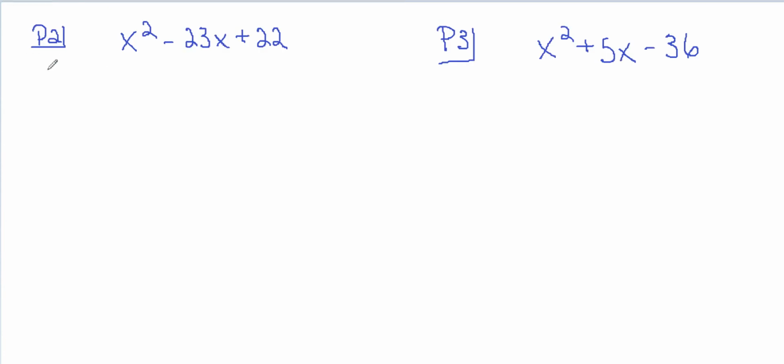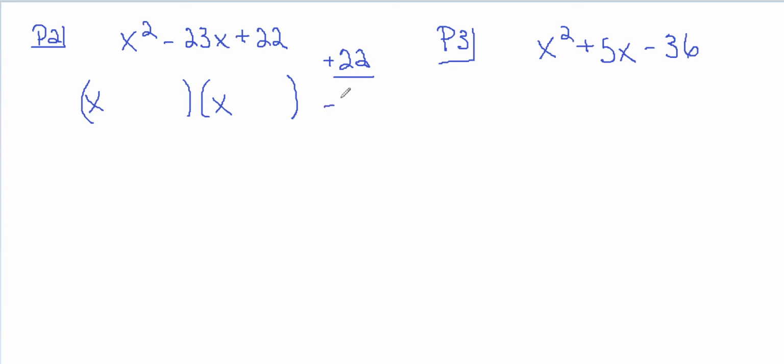Okay, here's practice problem 2. And again, I've got 22 here, so I'll set it off to the side. Factors of positive 22 that add up to be negative 23.